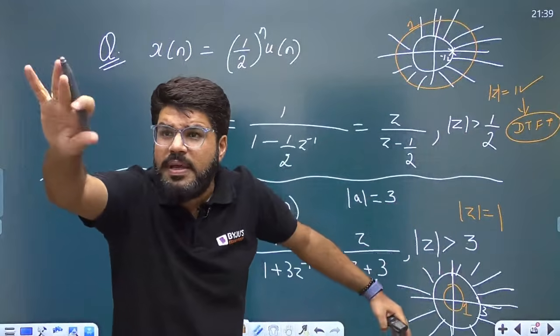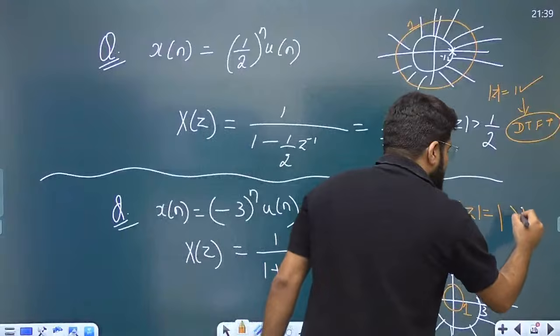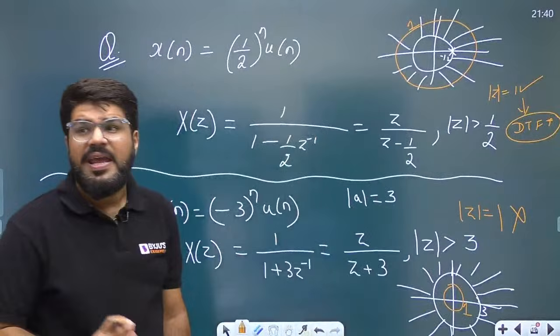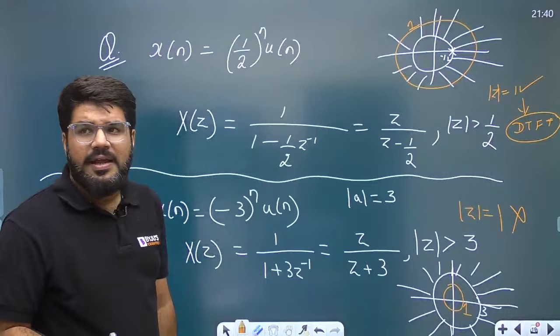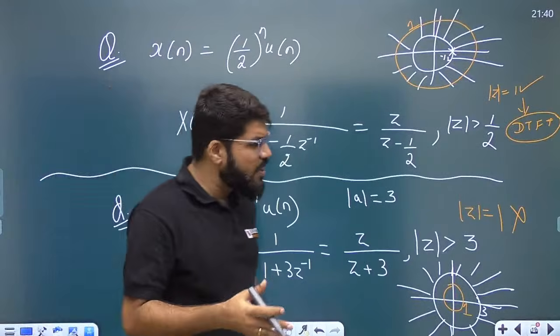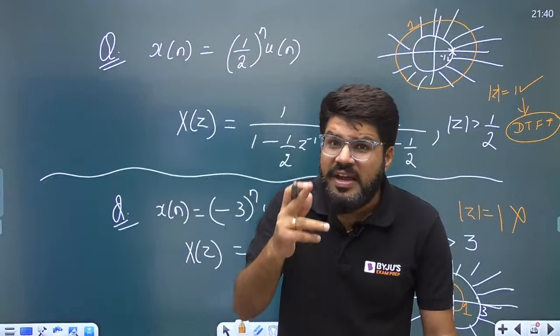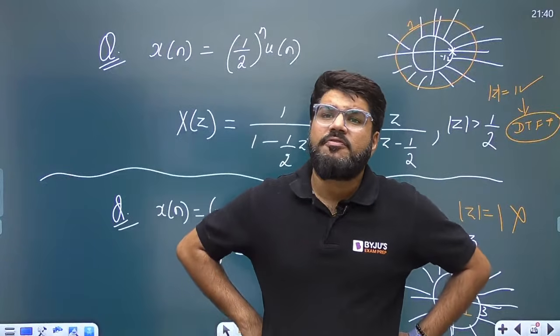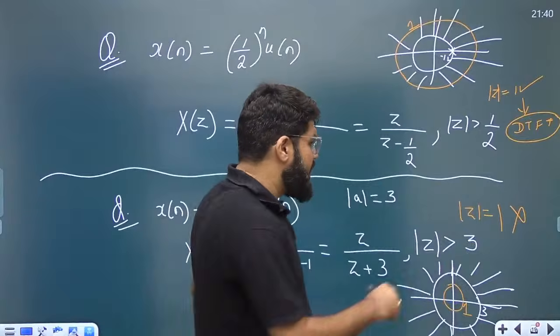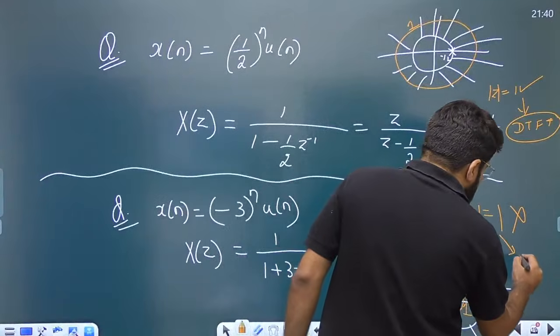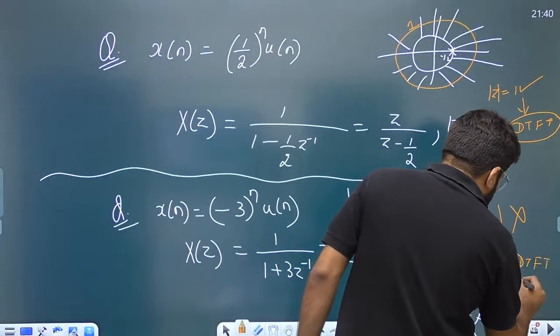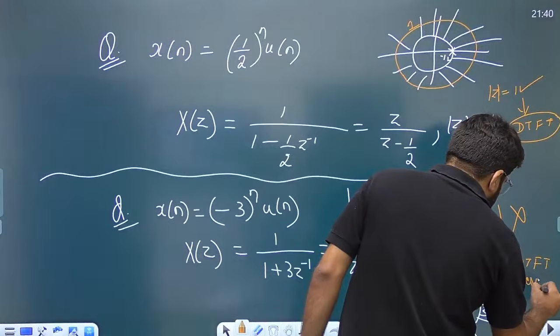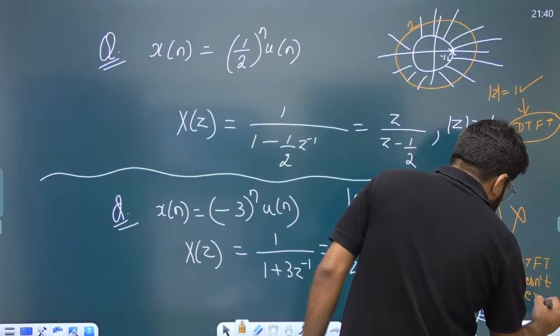It cannot be equal to 1. Modulus of Z equal to 1 is not allowed, right? And if modulus of Z equal to 1 is not allowed, can you define the DTFT for this signal? Come on everybody, we can say that for this particular signal, DTFT doesn't exist.